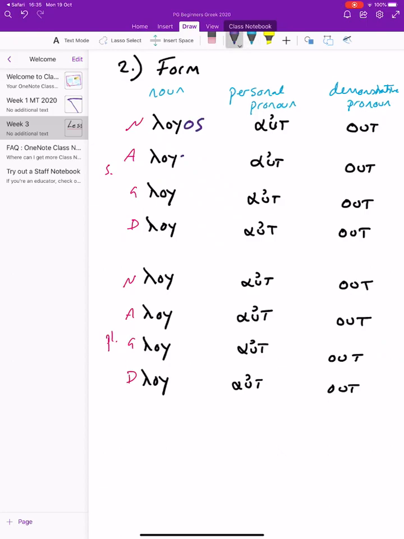Logos, logon, logou, logo, logoi, logous, logon, logois. We saw that in chapter 6. Autos, auton, autou, auto, autoi, autous, auton, autois.